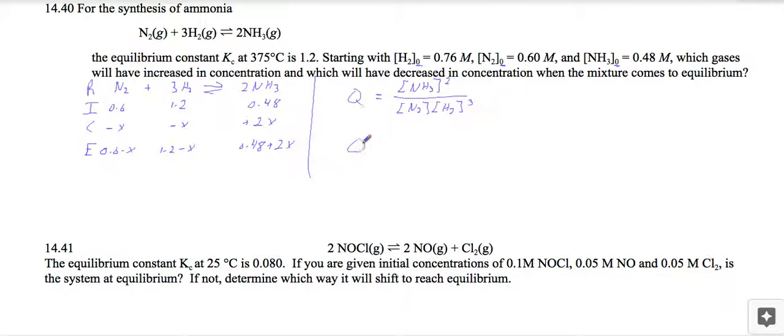Hydrogen, and we can solve Q is equal to 0.48 over 0.6 times 1.2 squared, and that Q gets us a value of... oh darn, I don't have this one.